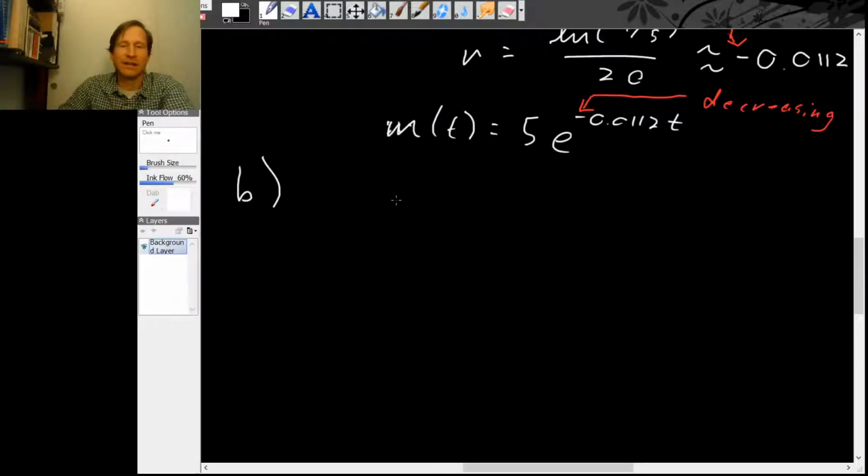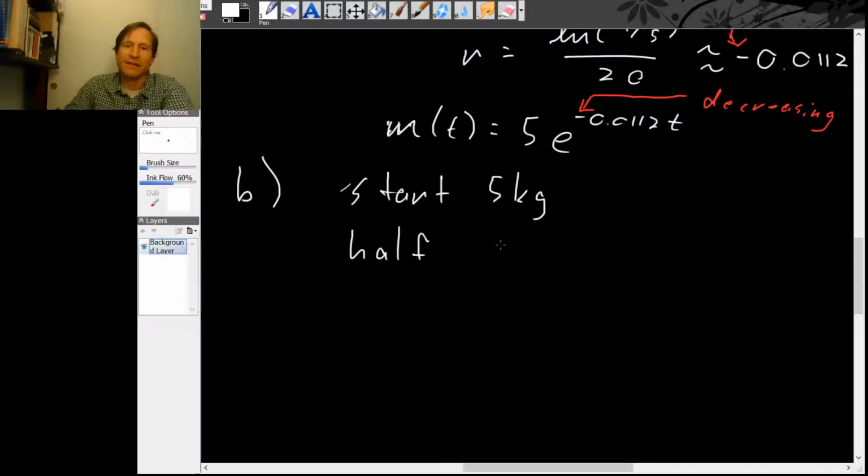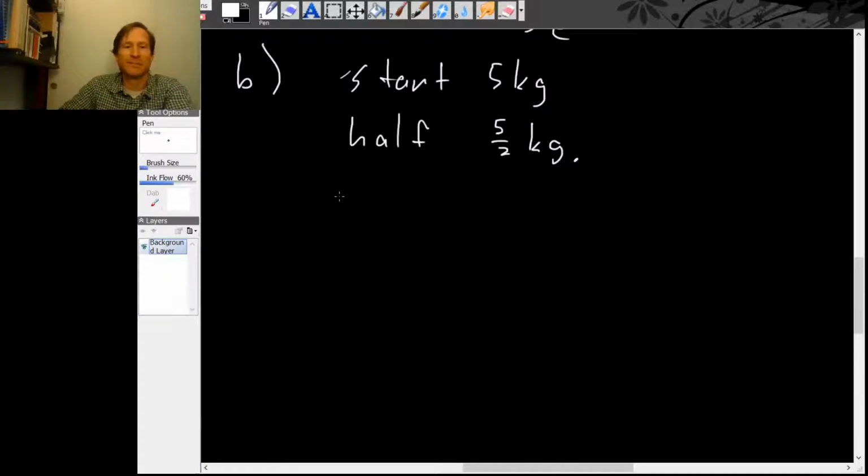So let's see. If we started with 5 kilograms, then half of that is 5/2 kilograms, or 2.5. So we want to know, when does the mass get down to 5/2?